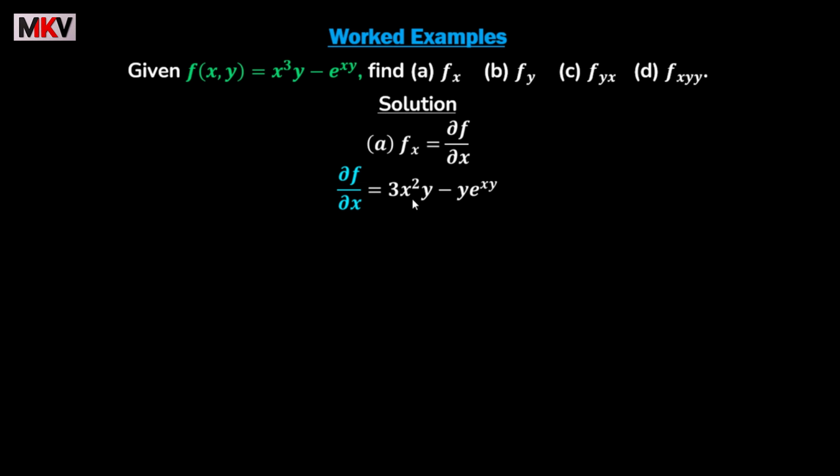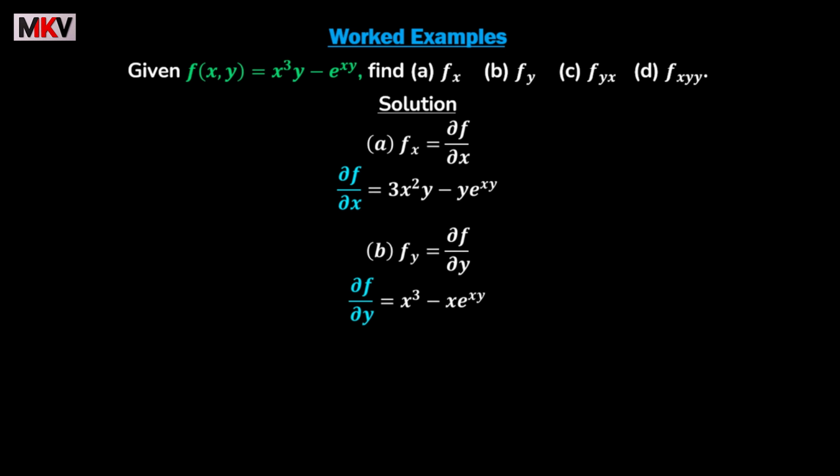Then for e to the power xy, we bring the exponent down and differentiate the x term of the exponent. Differentiating x, we have 1, then we leave y constant, so we have y e to the power xy. So this gives f sub x of the function.